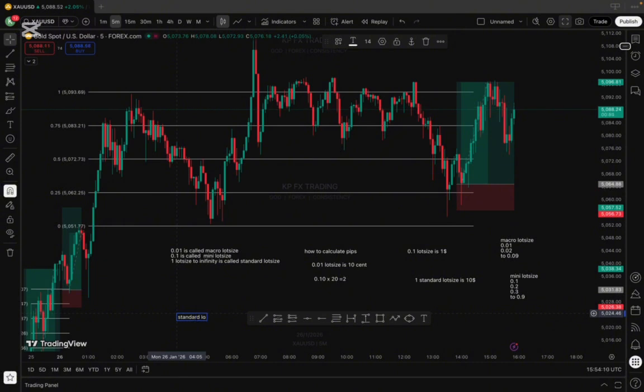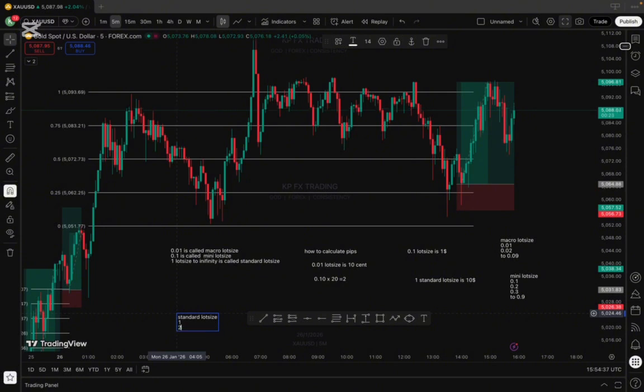Standard lot size. The standard lot size, you write one lot size.